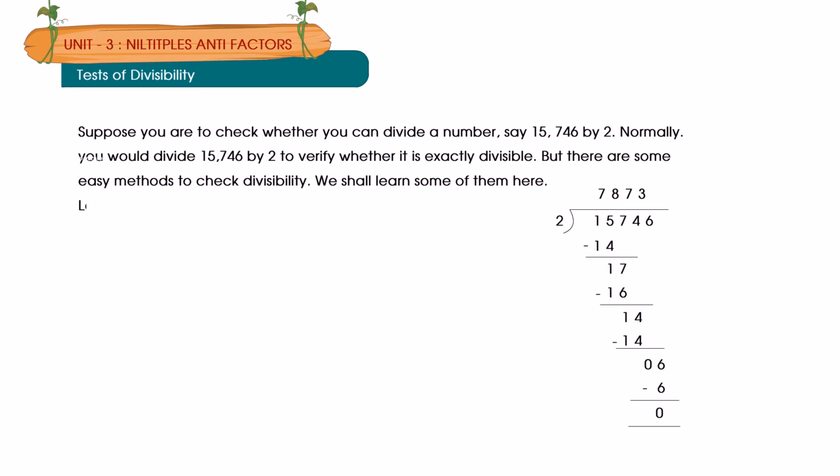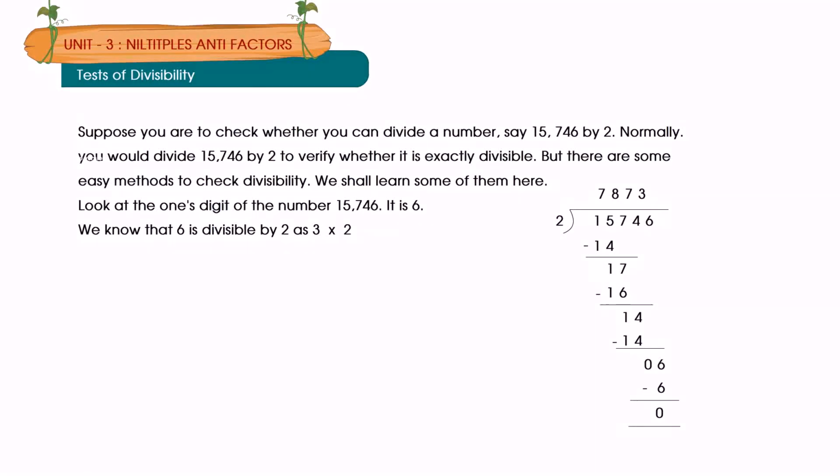Look at the ones digit of the number 15,746. It is 6. We know that 6 is divisible by 2 as 3 into 2 is equal to 6. Therefore, 15,746 is also divisible by 2.